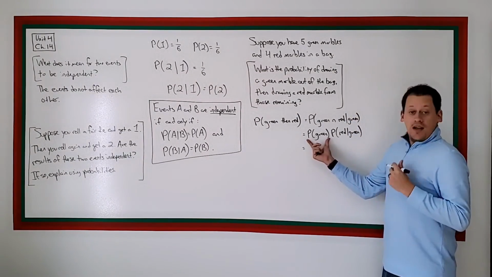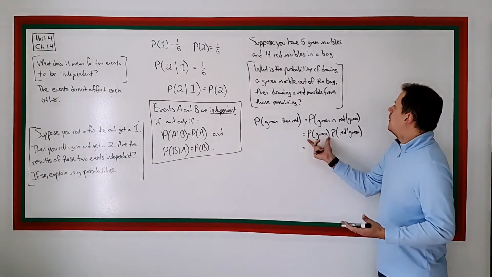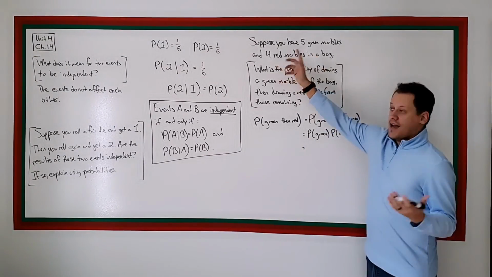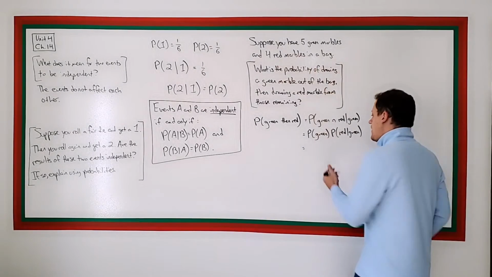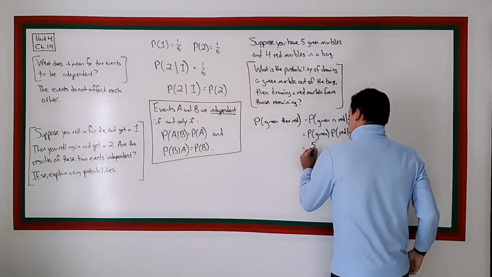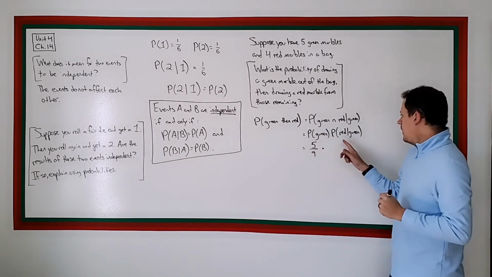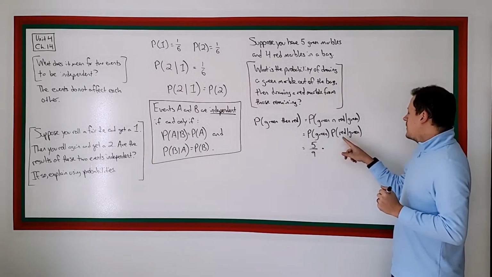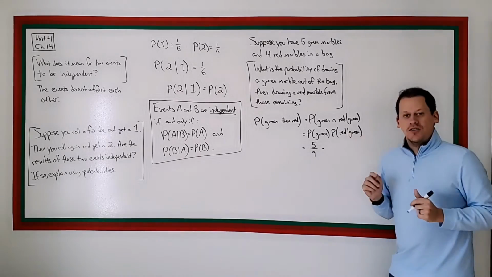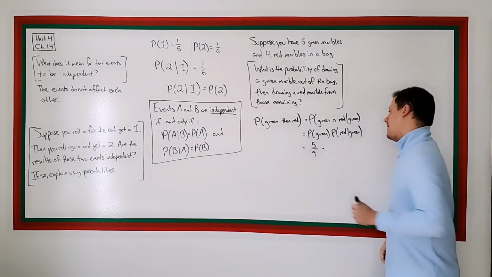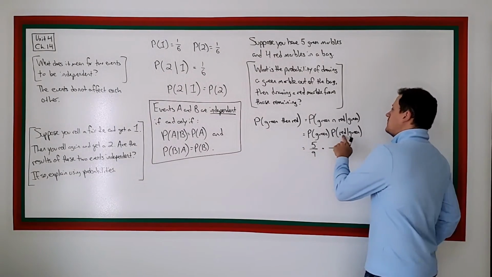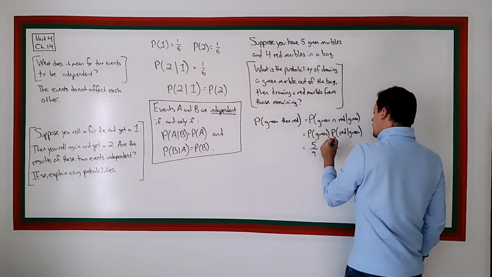What's the probability of getting green first? Well, there are 5 green marbles out of 9 in the bag, so 5 over 9. And means multiply. So, what's the probability of getting red given that we already took a green out and it's out of the bag? Well, how many red marbles are there? 4.